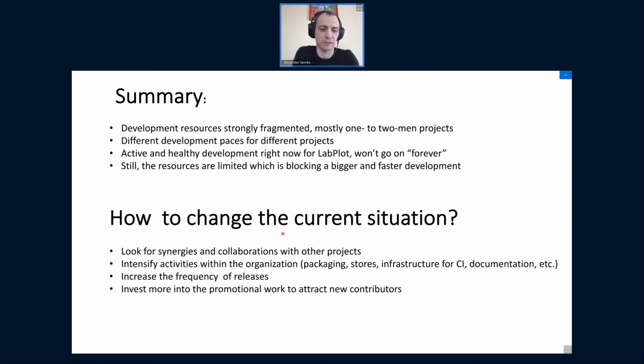We do a release once per year, or less than a year maybe, and this is something that we definitely need to change. We are releasing in big bunches, and we should do this a bit differently. We should release more frequently, because releasing gets additional attention to your project anyway.